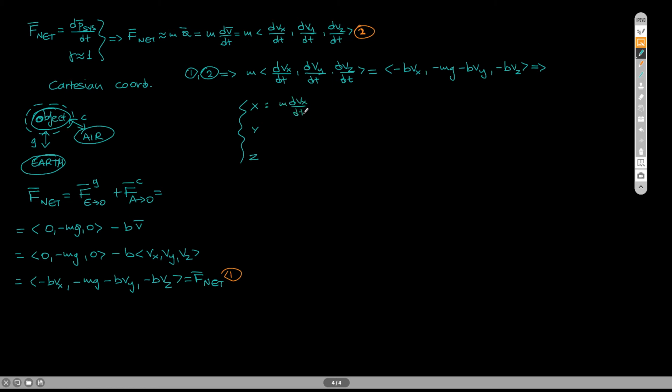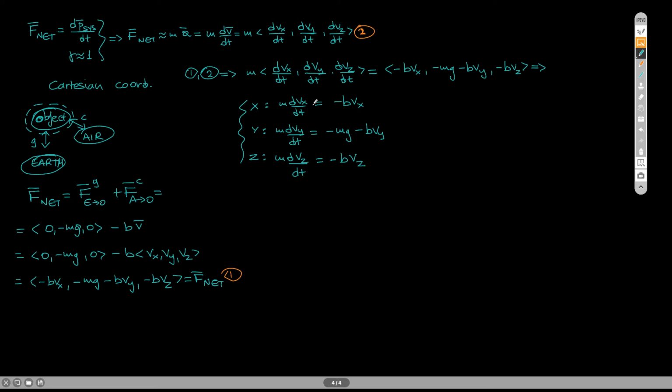dvx over dt is equal to minus bvx. In the y, I have m dvy over dt is equal to minus mg minus bvy, and in the z, m dvz over dt is equal to minus bvz.